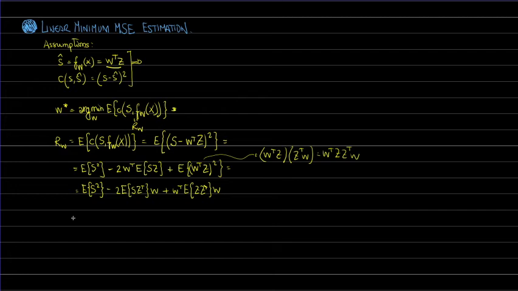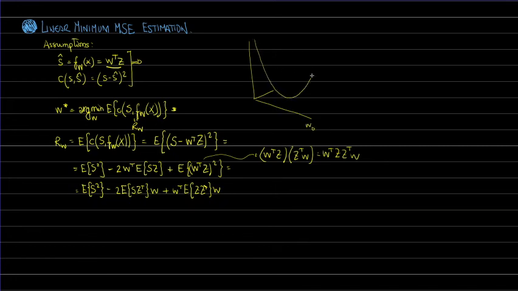So we can see here that this is a polynomial in W. This is a second degree polynomial as a function of W. We can plot it in a 2-dimensional case, assuming that W has only 2 dimensions.